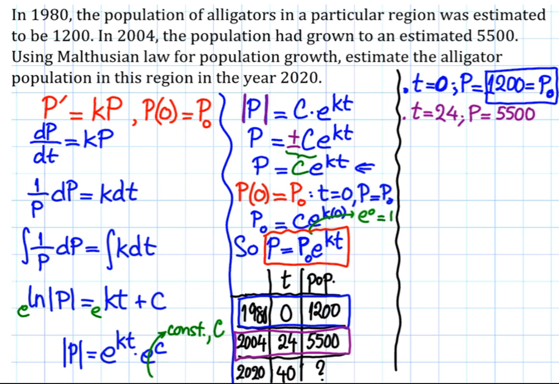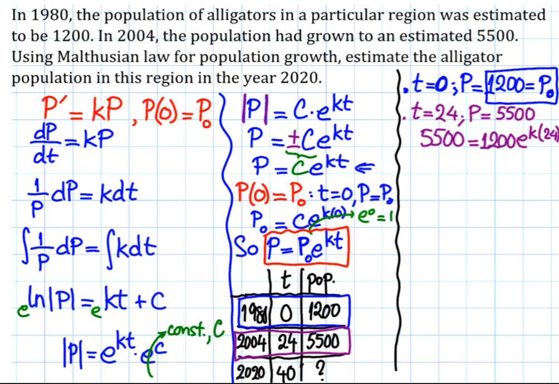So we're going to substitute 5,500 in for p, and p naught we know is 1,200, e to the k, and we know t is 24.